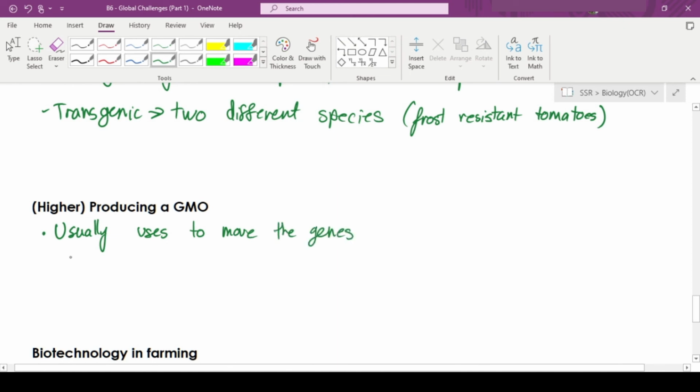And what we are able to do with the virus is get the virus to inject its DNA into the cells of the host, because that is what viruses do normally. So what this means is we can give them the DNA we want and they'll inject that.